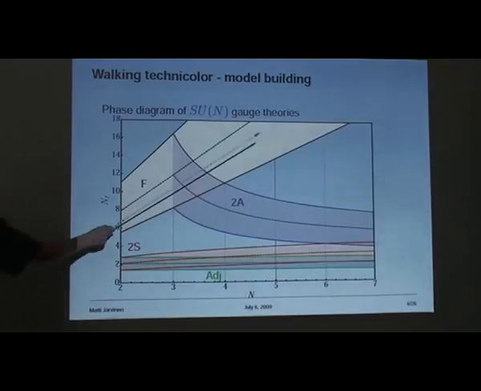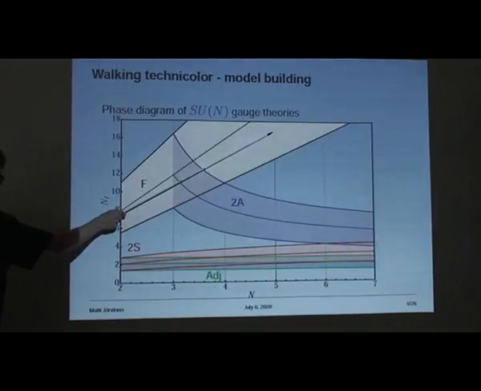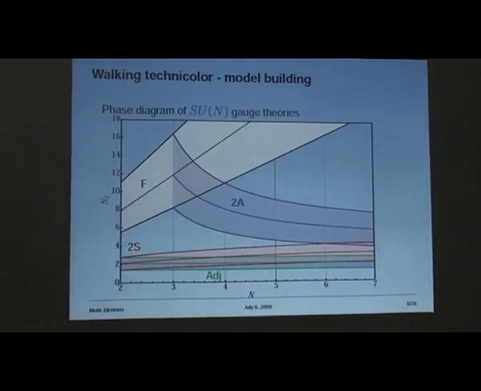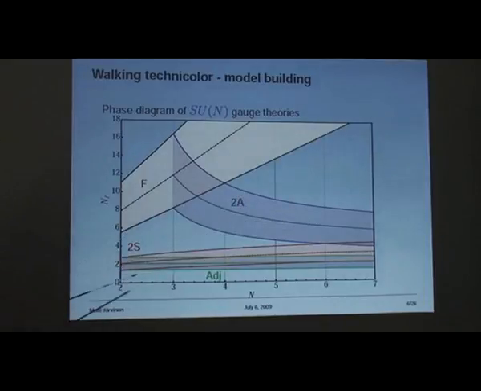So you expect that the lower edge of the conformal window is somewhere here. This is for the fundamental representation, and this is for the two-index antisymmetric representation. The red one is the two-index symmetric representation, and the green one is the adjoint representation.